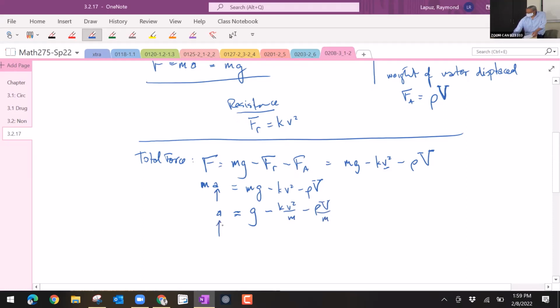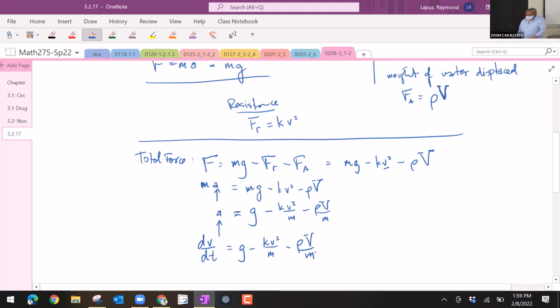And now let's change this to dv/dt, because the acceleration is the derivative of the velocity. So this is your differential equation. And I think this is the answer that we had in our problem in section 1.3.